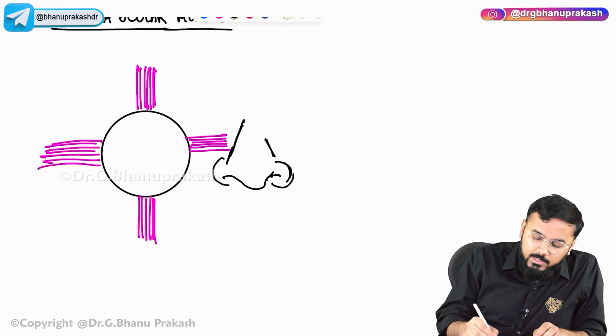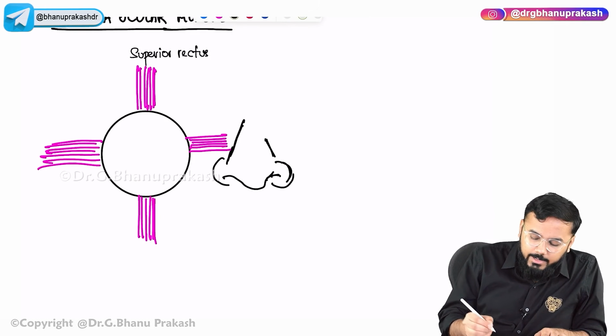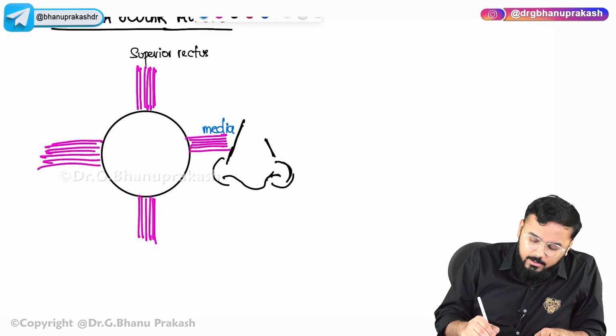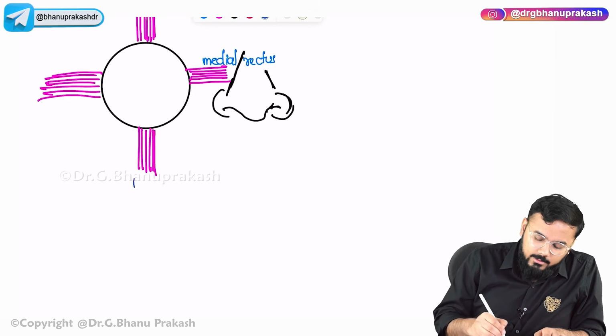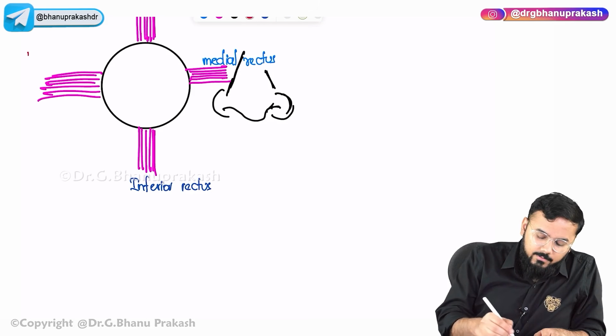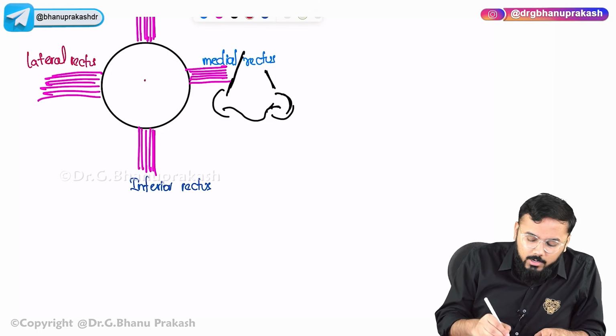So what are the names so far? One is superior rectus. This muscle over here is medial rectus. This is inferior rectus, and finally we have our lateral rectus muscle. So what do these muscles do?